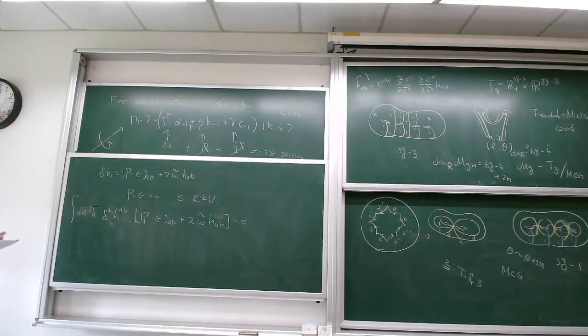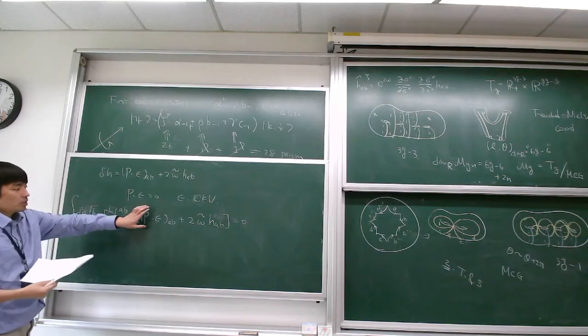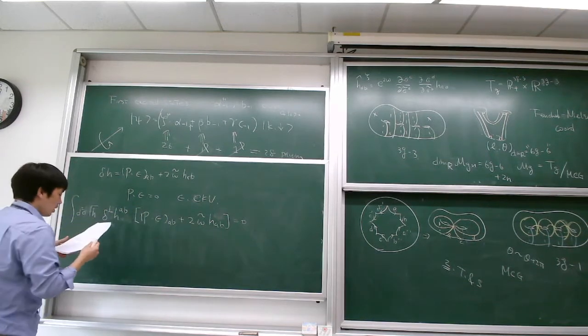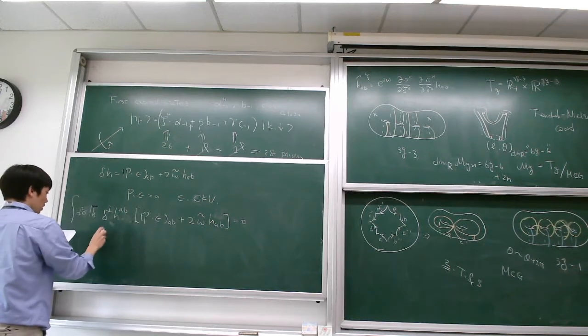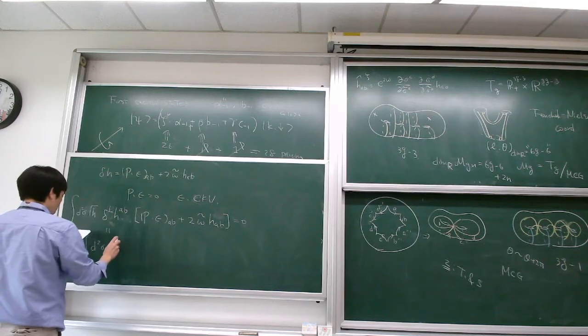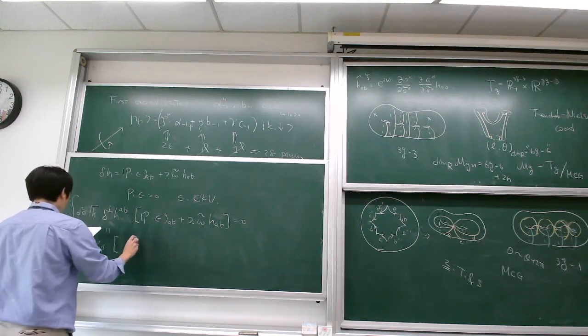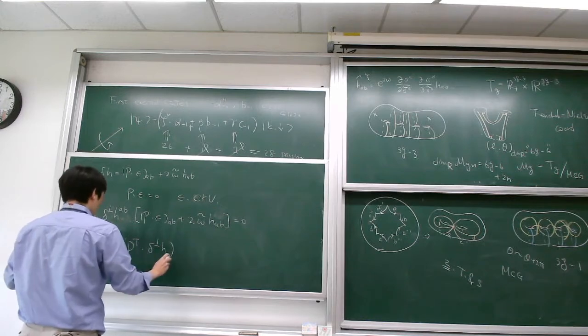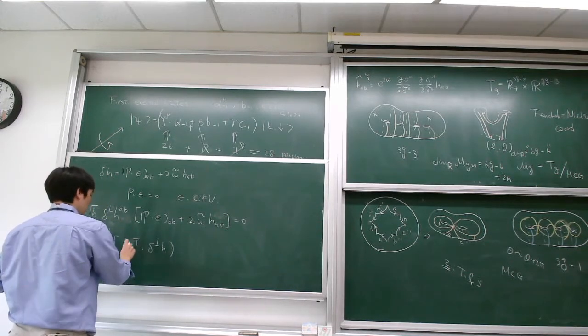And then do the integral by parts. This is just a differential operator, so I do the integral by parts. This can be written as follows: d squared sigma, and then P-dagger acting on h perpendicular, where P-dagger is the adjoint operator.